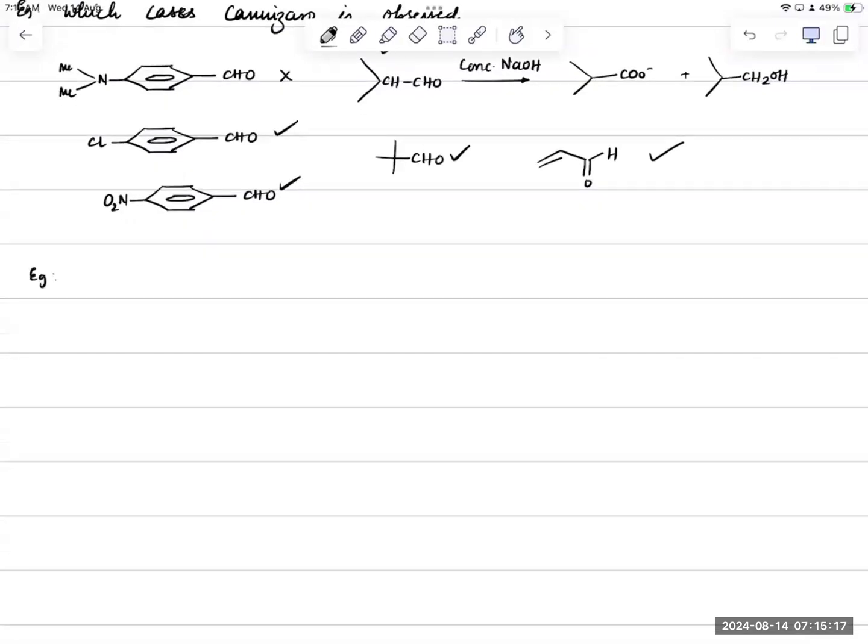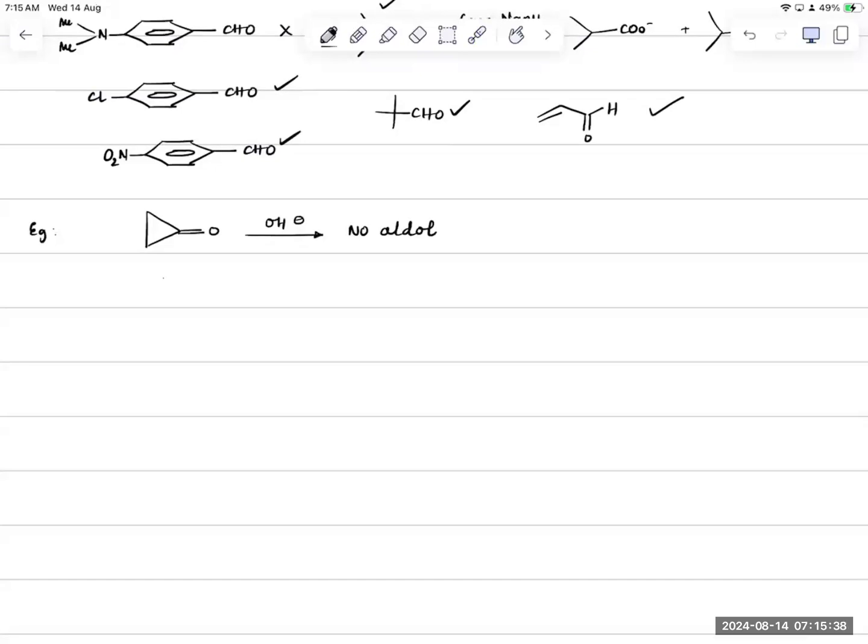Suppose the question is given like this, what if you have a keto form here with OH minus? Okay, here no aldol will take place. Although we have an alpha hydrogen here, the double bond inside the ring is highly unstable. So the reaction in such cases will be neither aldol nor Cannizzaro.